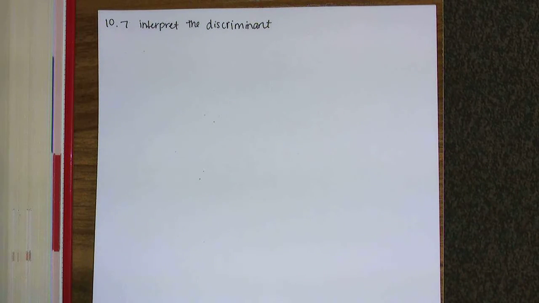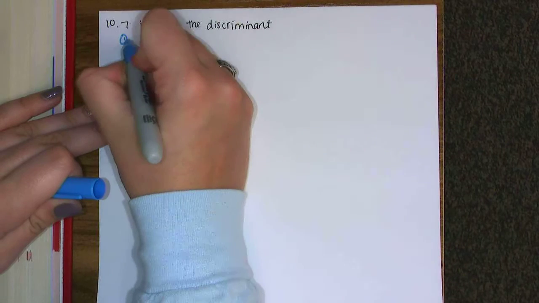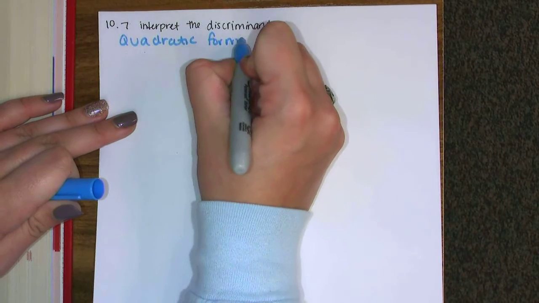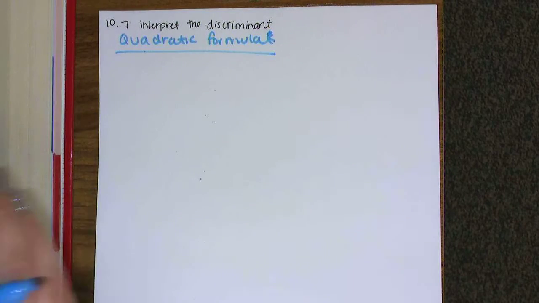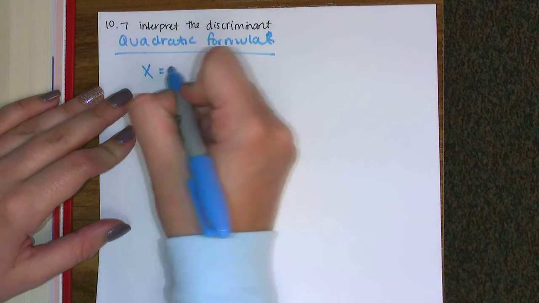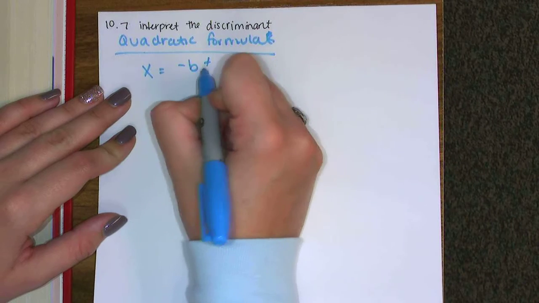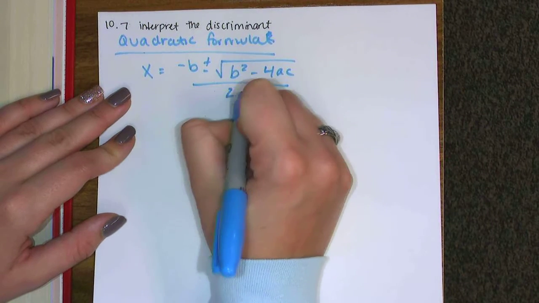Well, if you remember back to our quadratic formula, our quadratic formula was, say it with me, x is equal to, negative b plus or minus the square root of b squared minus 4ac all over 2a.